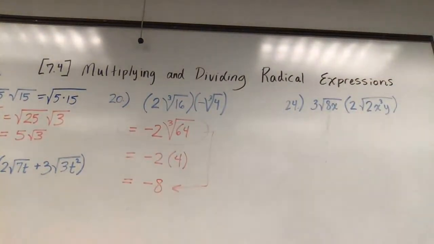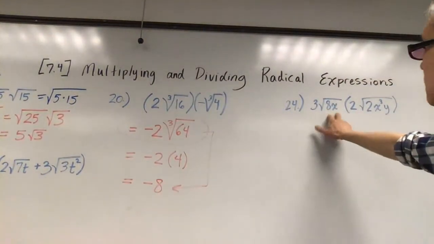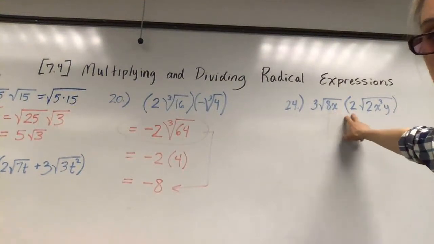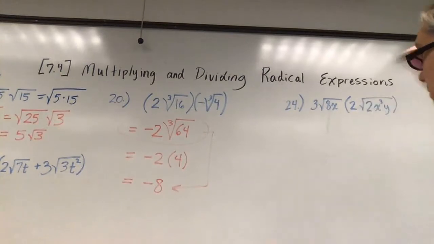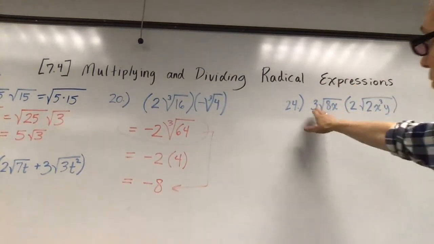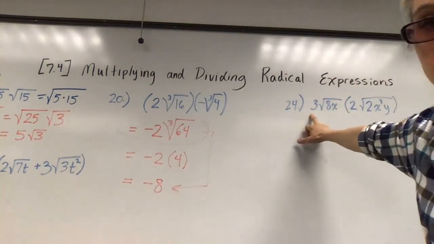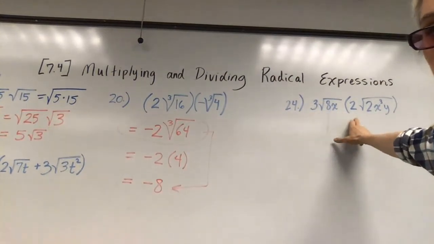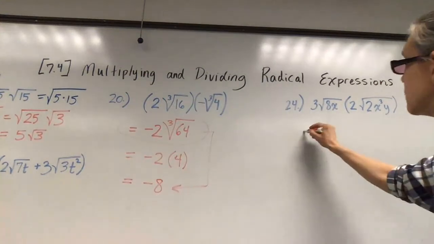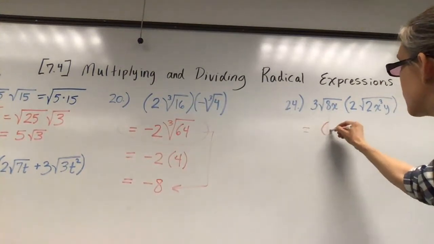Number 24 here we have 3 times the square root of 8x times 2 times the square root of 2x cubed y. So remember, numbers outside the radical can multiply with other numbers outside the radical. So 3 times 2 is 6.